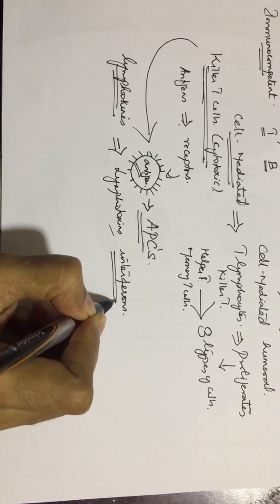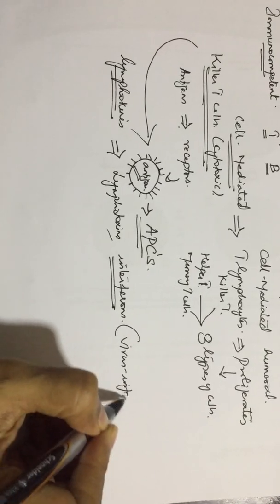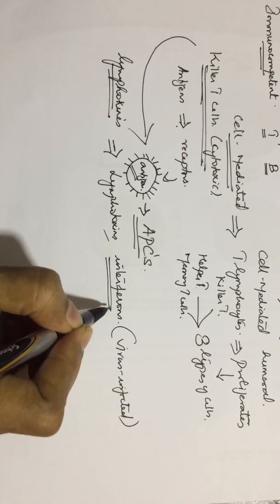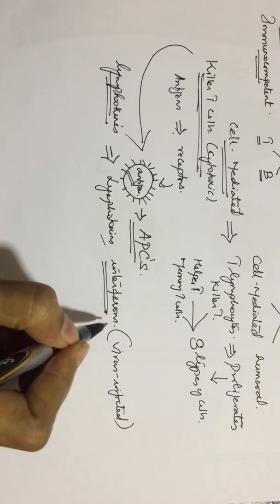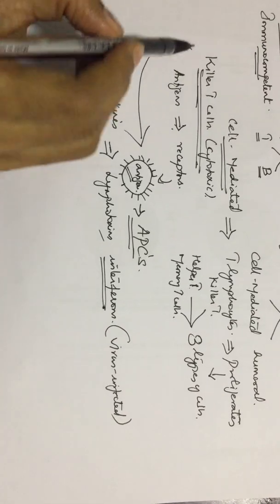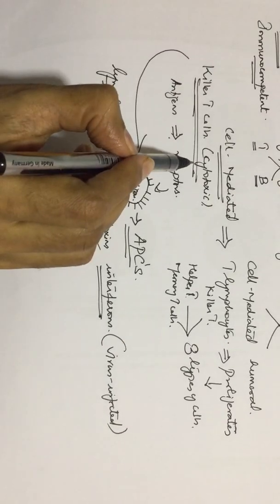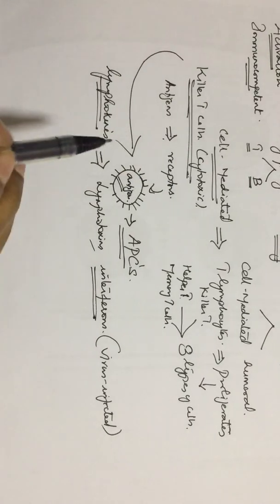Interferons are substances that are produced by virus-infected cells. So this will prevent further infection of the neighboring cells by the virus. Since the killer T cells directly destroy the cells, they are also called cytotoxic cells.